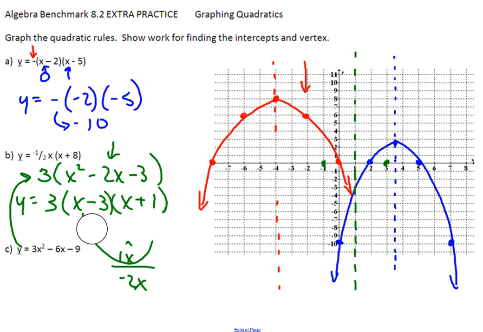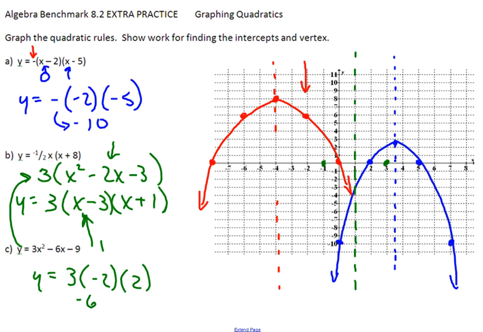I think it might be easier with my factored problem. I'll plug in 1 right here. So I get y equals, when x is 1, 3 times 1 minus 3, and 1 plus 1. So negative 6 times 2 is negative 12. So at 1, I go negative 12. It's off my screen here. I can just estimate it down here.